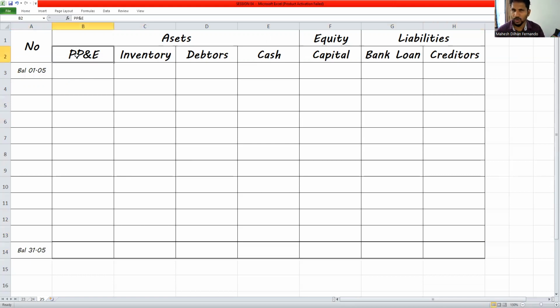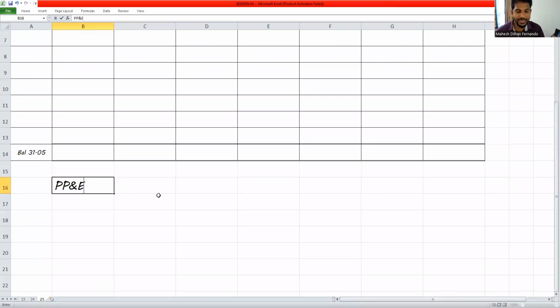PP&E. We don't get this for O levels, but remember that. Property, plant, and equipment includes all the non-current assets. That means PP&E includes the land, building, motor vehicles, office equipment, furniture.